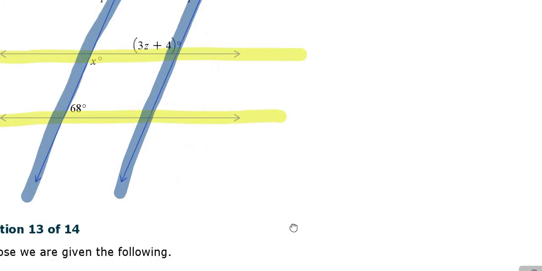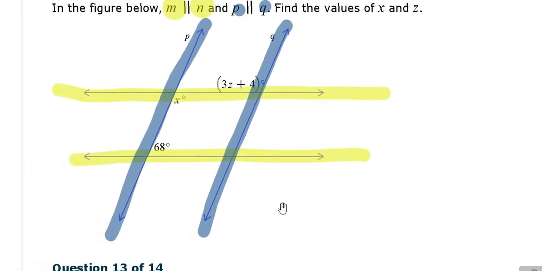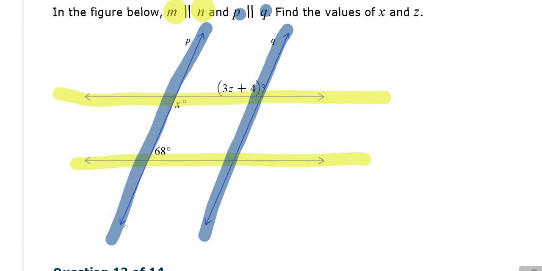That's the easy way to do this. So you just start with the one number you've been given, which in this case is 68. And this would be your stir stick, and the reason is 68 is hugging that line. That's your transversal. So you can start walking it up.